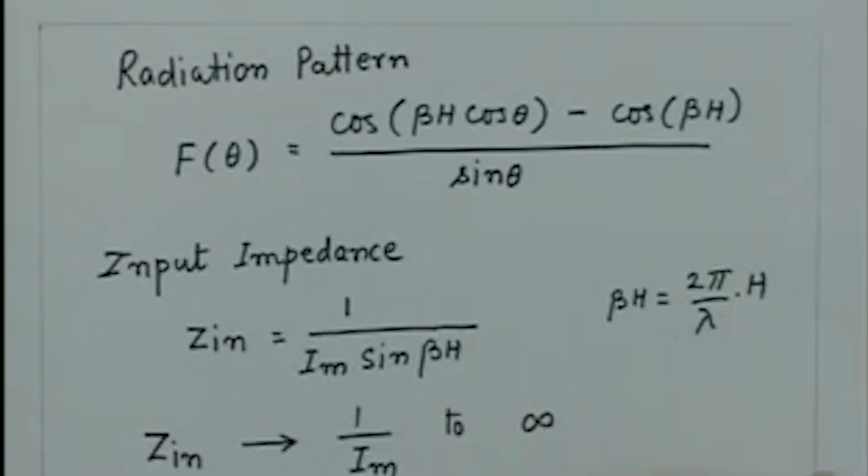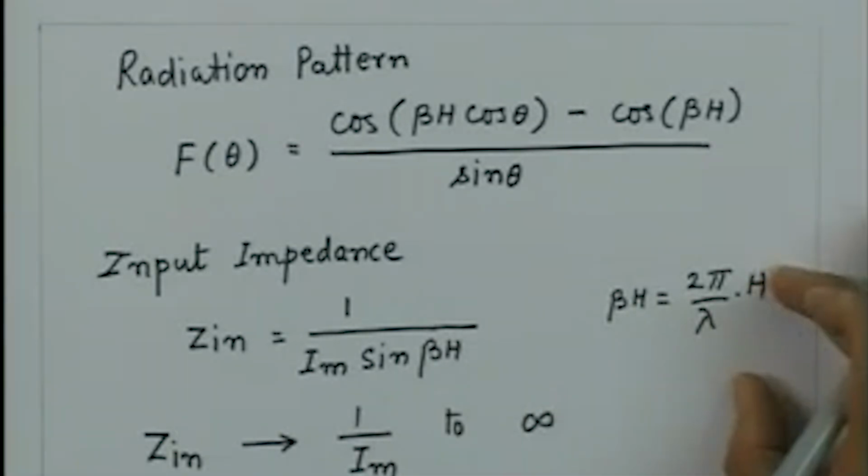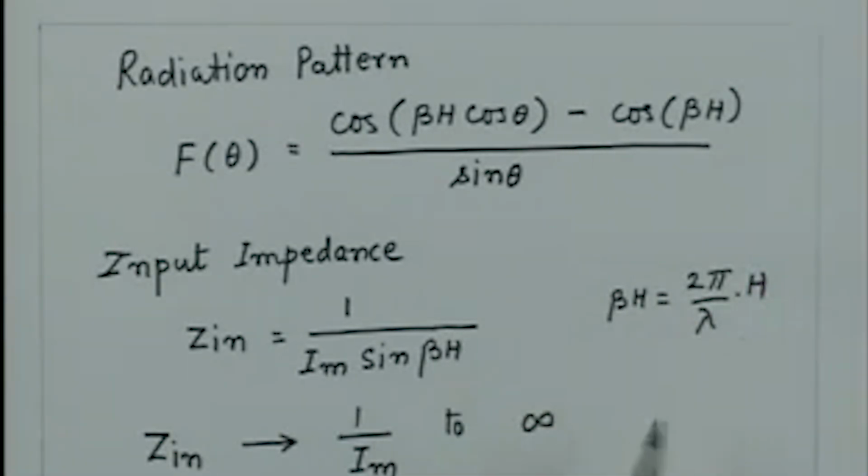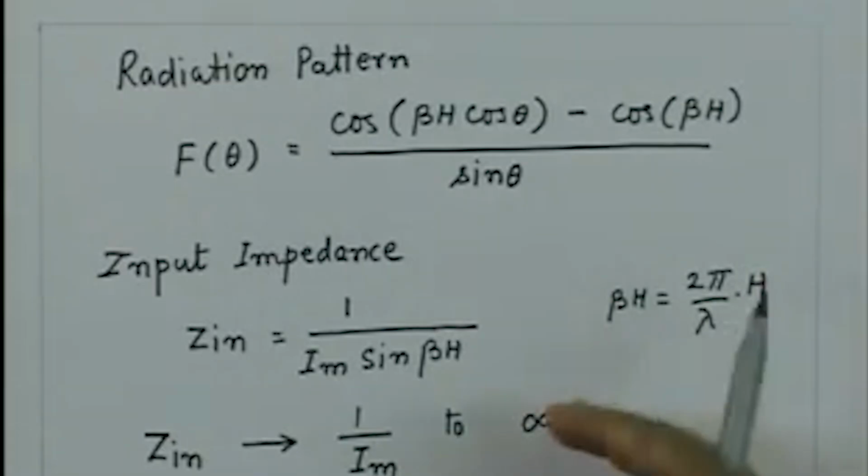So, the lambda will cancel, 2 will cancel, we will get pi. So, the total length of the antenna will be 2h, which will be equal to lambda. So, if I consider a dipole of 1 wavelength long, then its input impedance will be infinity, because in that case the current will go to 0 at the terminal.